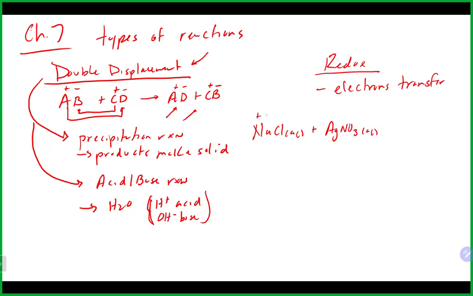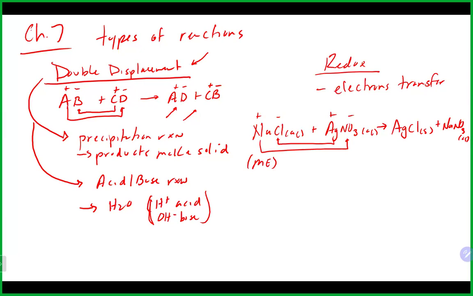And again, this is a double displacement reaction, as we have 2 ionic compounds that switch partners on the other side and make some silver chloride, which is a solid, and some sodium nitrate, which is aqueous based on solubility rules, that things with nitrate are aqueous. This is our molecular equation.